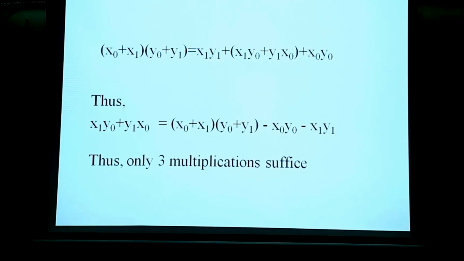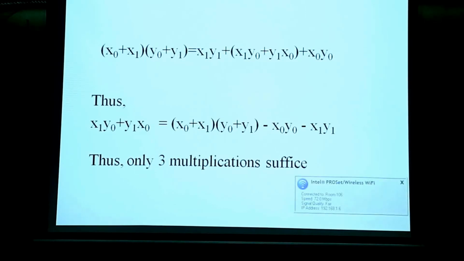So if from this we subtract x1 y1 and x0 y0, we will get the middle term. So we have reduced 2 problems to 1 problem. Instead of computing x1 y0 separately and y1 x0 separately, I will compute x0 plus x1 into y0 plus y1. Just take a little while to grasp this.